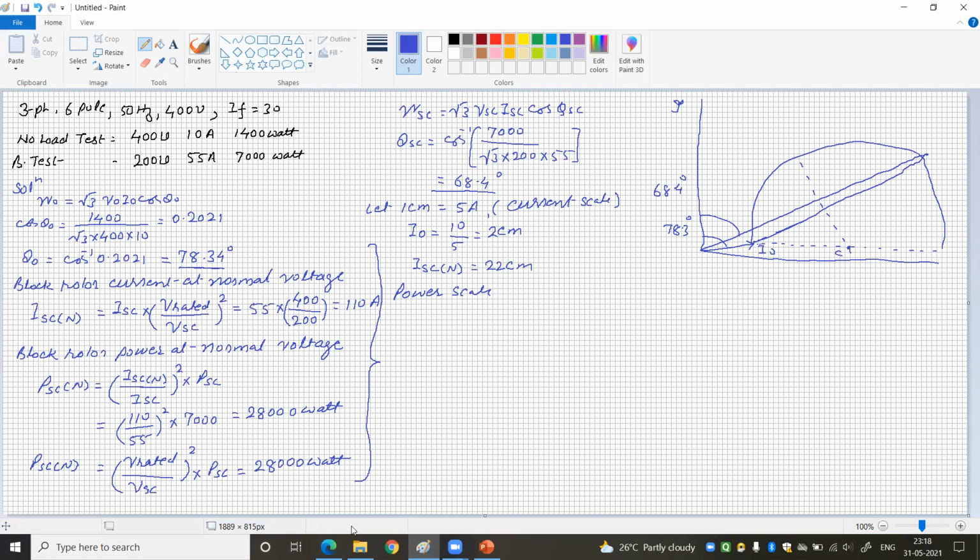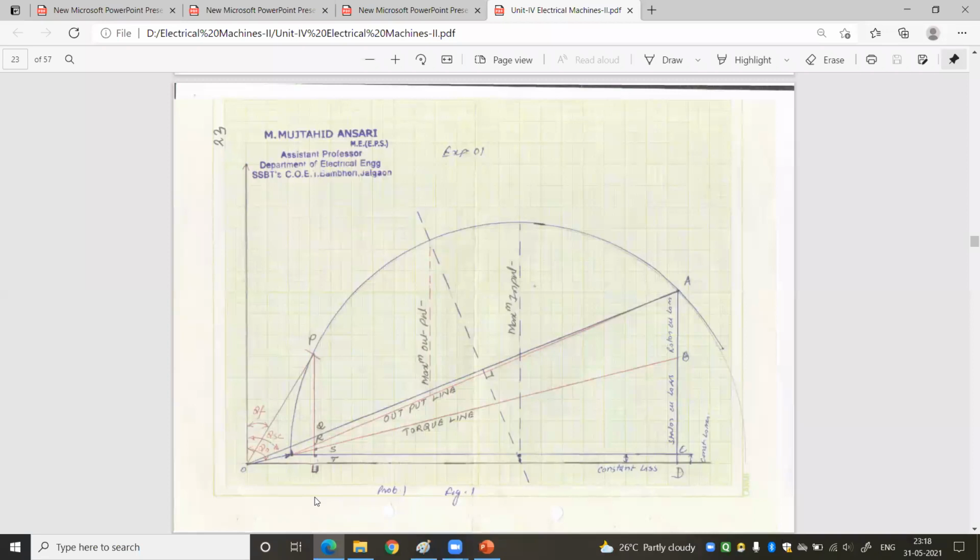Now, here the circle diagram is shown for the same data. Here theta 0 is there, and it is a 2 centimeter no load current I0. Whereas phi SC is the 68.5 degree, which is calculated.